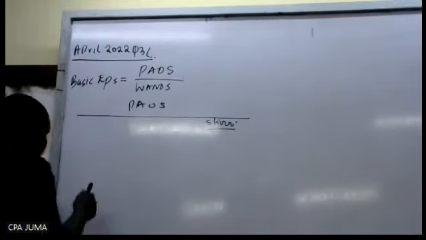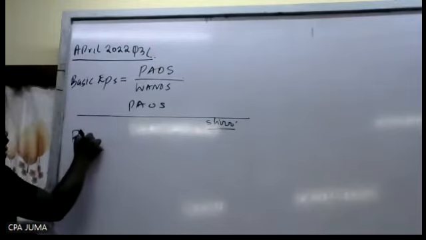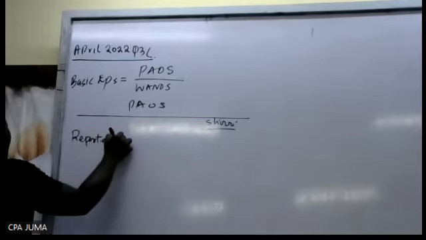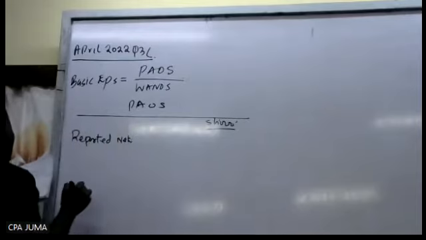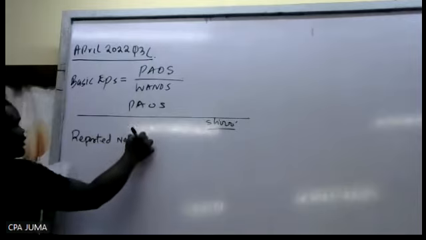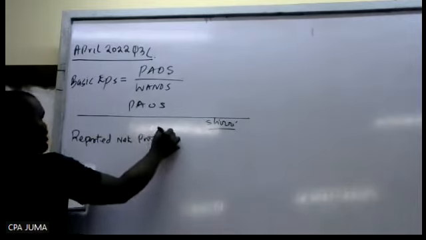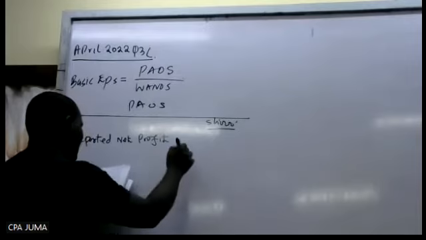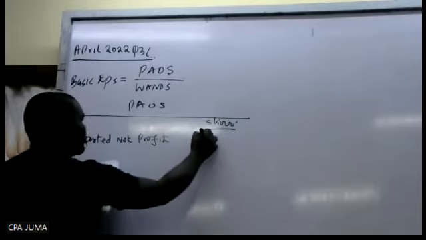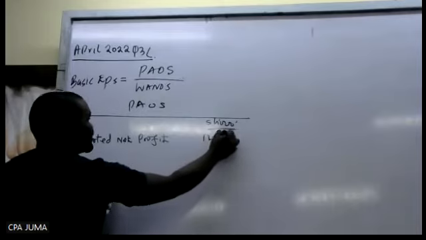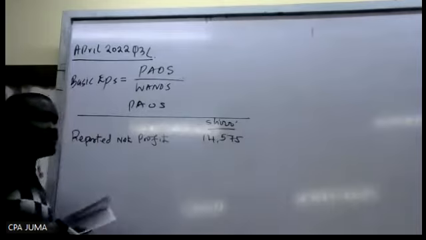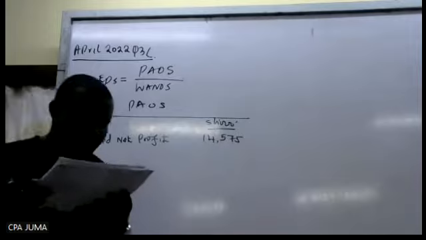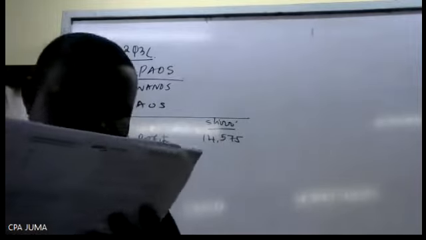So reported net profit for the year. Net profit, we assume tax has been subtracted. Net profit for 2021 is how much? 14,575.